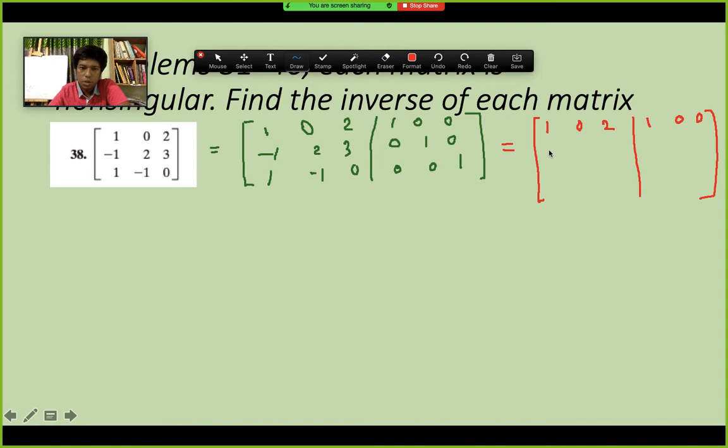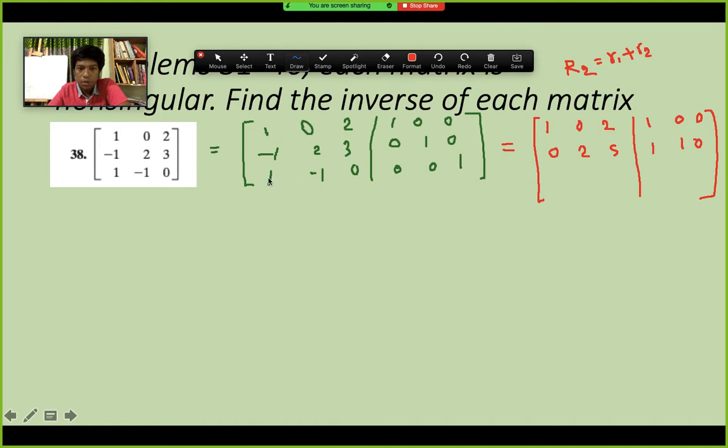So we can try this first. We are adding row 2 and row 1, so we get 0, then 2 plus 0 means 2, then this is 5, this is 1, 1, 0. So what we have done here is row 2 equals row 1 plus row 2.